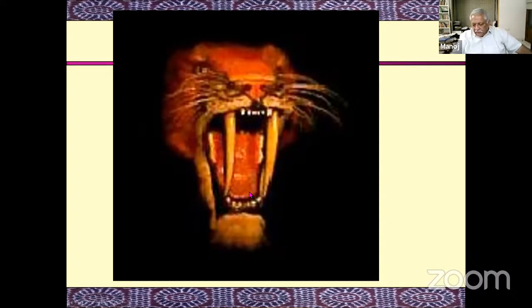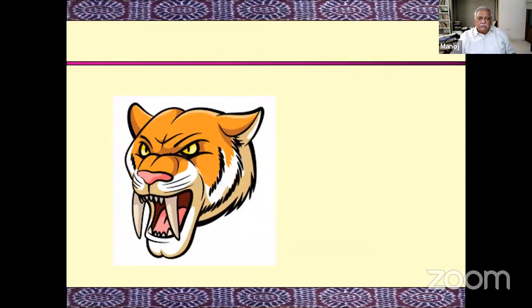Now, I wonder how many of you are awake and how many of you think this is of any relevance. Let me tell you, like prehistoric man, or maybe man had not developed by then, this is one of the biggest enemies of a dermatopathologist. This is a saber-toothed tiger.